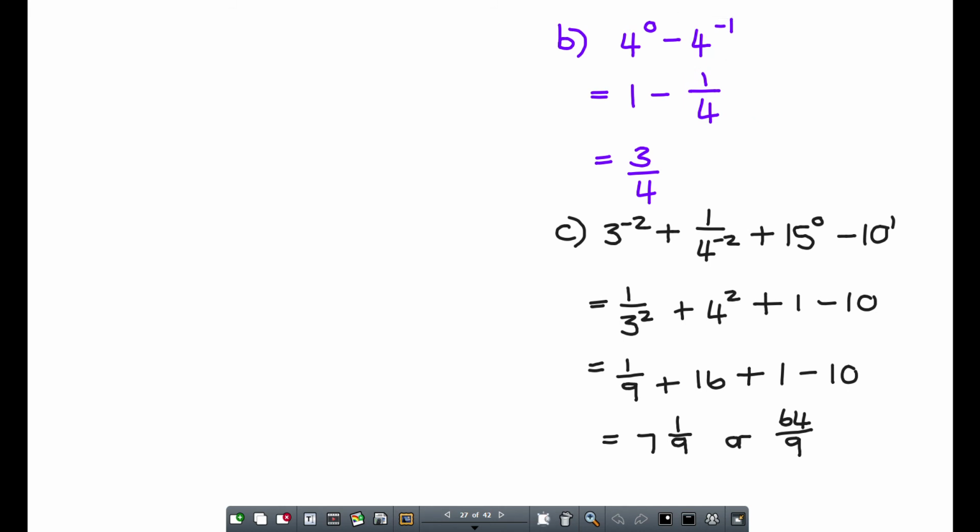Have a look, it's got a negative exponent. 4 to the power of minus 1, it actually looks like this.